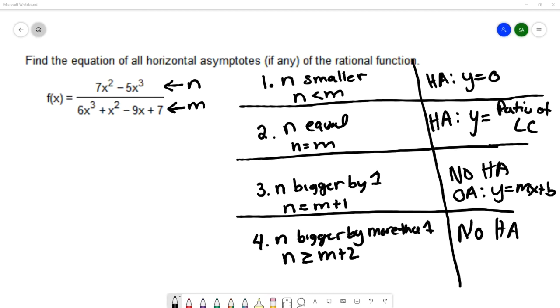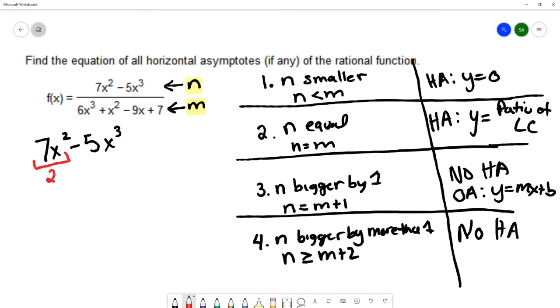Okay, so now that we understand the different cases, we need to identify the degree of our numerator and the degree of our denominator. So starting with the numerator, we have 7x squared minus 5x cubed. And if we look at the individual terms here, we can identify the degree of an individual term, and that degree is the power on x.